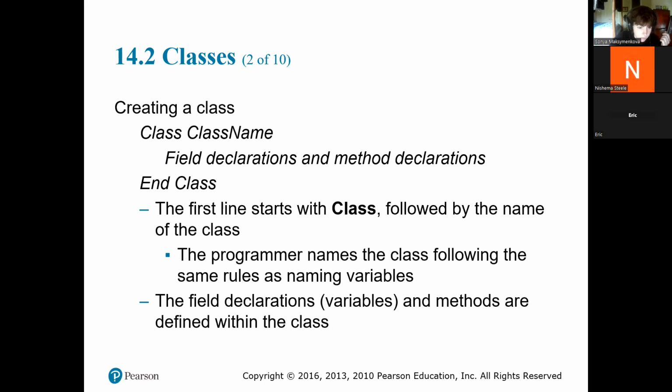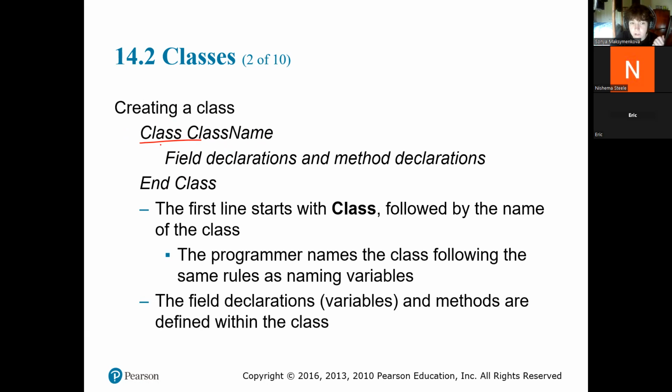This is what it would look like if you wanted to define a class. This is pseudocode again, but in different programming languages it will look different. So you would have some sort of code name for class.